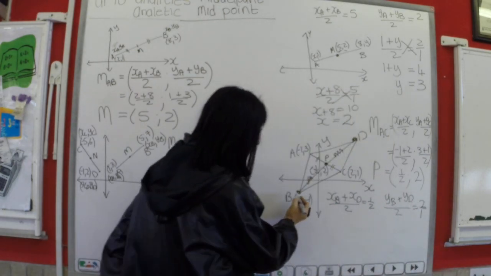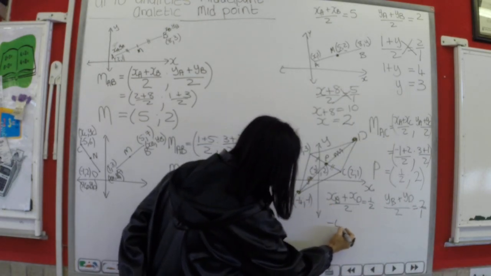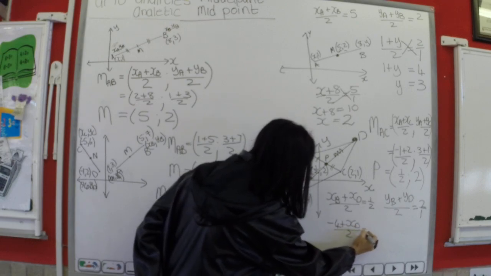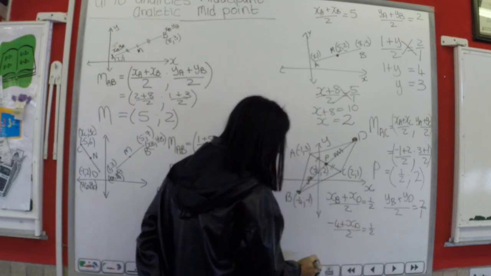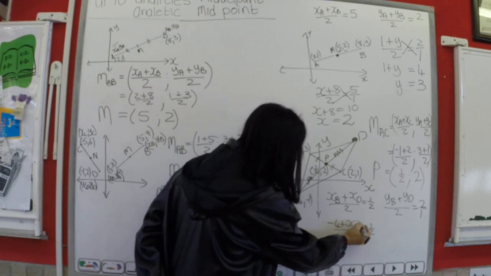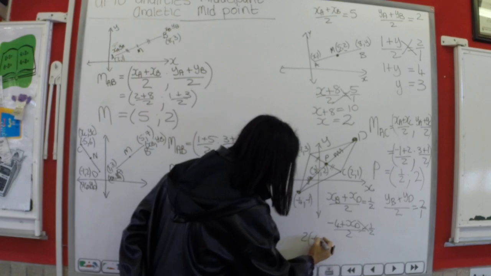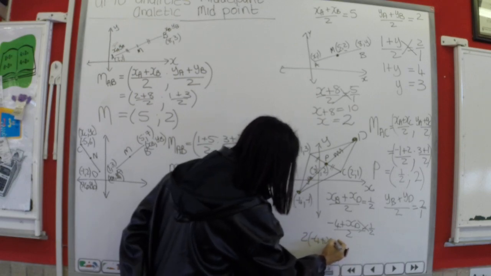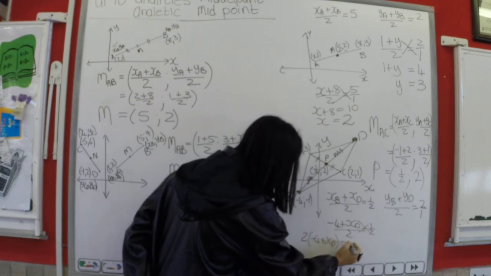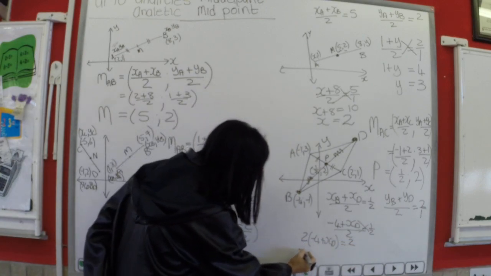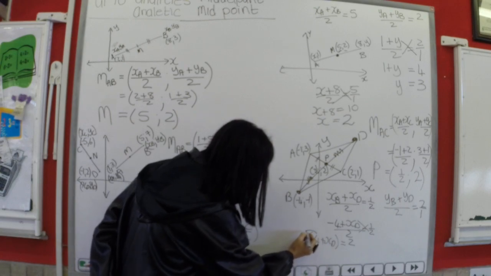So let's substitute. X of B is minus 4 plus X of D on 2 equals a half. Ek gaan kruisvermenigvuldiging doen. 2 maal, kyk mooi, minus 4 plus XD is gelyk aan 1 maal 2. So nou kan ek gaan uitmaal. Ek het minus 8, want is 2 maal minus 4.